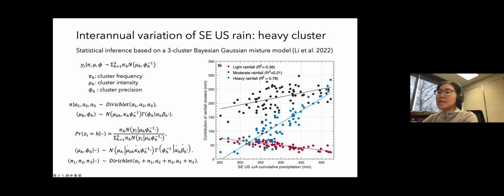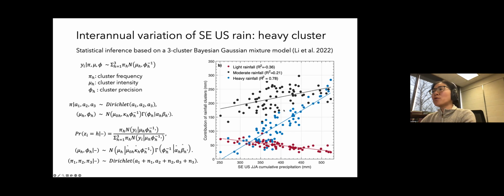So what we can see here is that for a given summer, if the light rainfall events account for the majority of the rainfall, then overall, we tend to get decreased summer rainfall total over the southeastern United States.